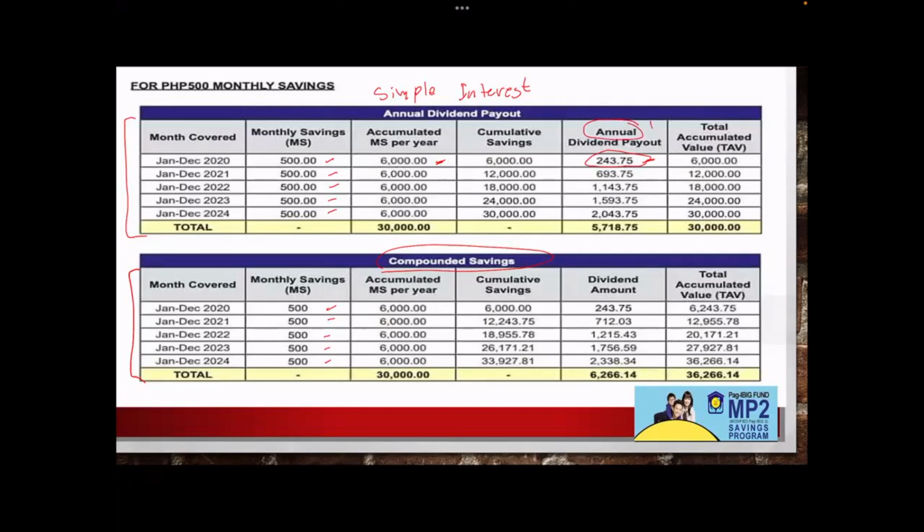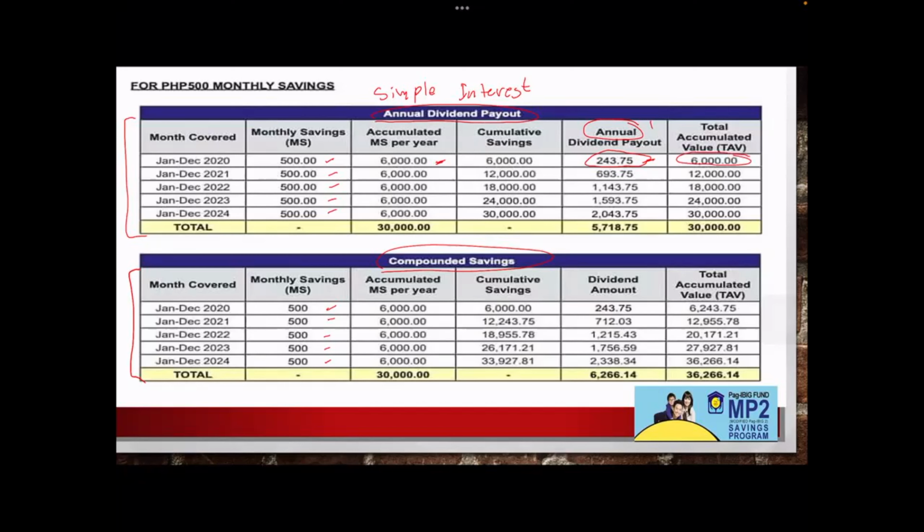So, therefore, annual dividend, sabihin, simple interest. Kukunin mo yung at the end of 1 year, ang interest mo nakuha ay 143.75. So, kukunin mo yan. Then, ang matitira lang sa'yo is yung ibinayad mo, which is the 6,000.